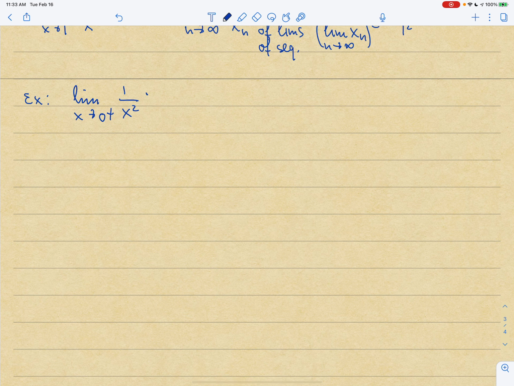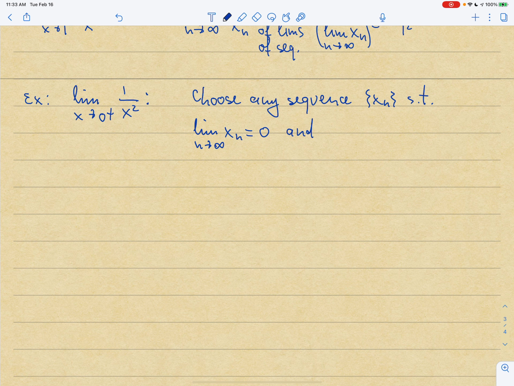Okay, so do the same thing. Choose any sequence xn such that the limit as n goes to infinity of xn is equal to 0, and because we're converging to 0 from the right, I want xn bigger than 0 for all n in N, right?